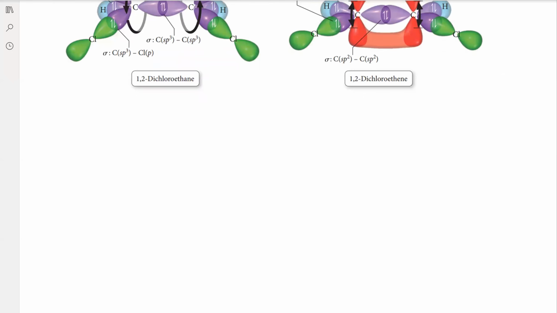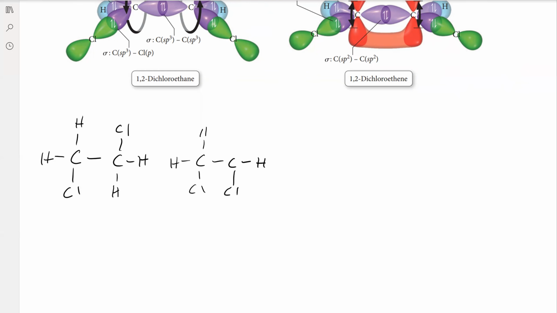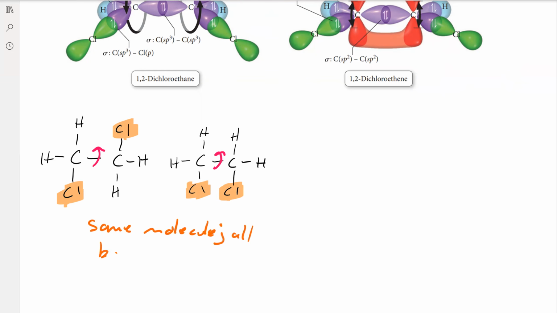And so what that means, for example, is that when we draw the Lewis structure of these two compounds, you can see I put the chlorines on different sides of one another, but we have free rotation about this bond. And so what that means is that these two are the same molecule. Right, all the bonds are free to rotate.